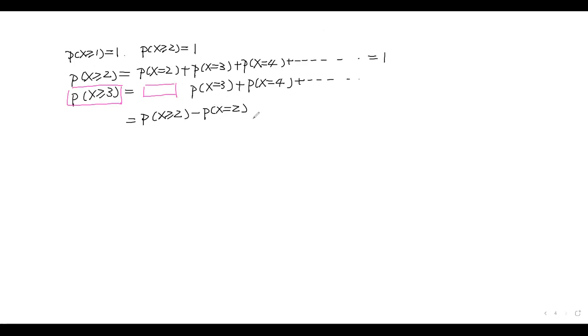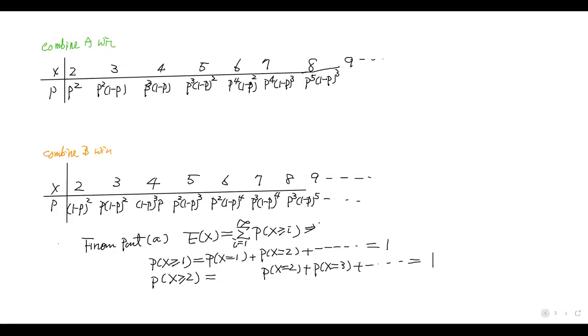So what is x equal to 2 here? Go back to your combined table. This is the probability x equal to 2 when A wins, and this is the probability x equal to 2 when B wins.